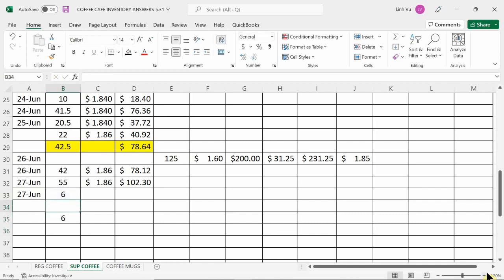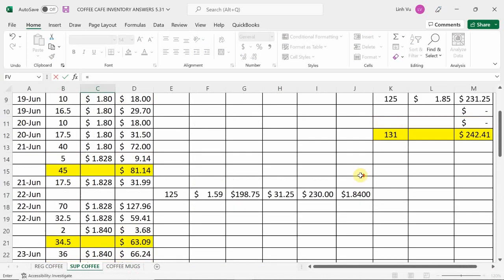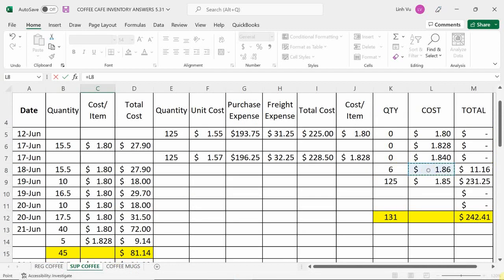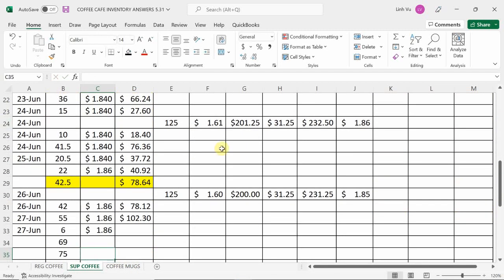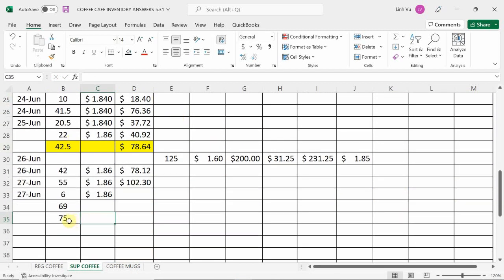The second batch is 69 pounds to make it to 75 pounds total. So the first batch is 1.86 per pound, and that is equal to the balance 11.16.